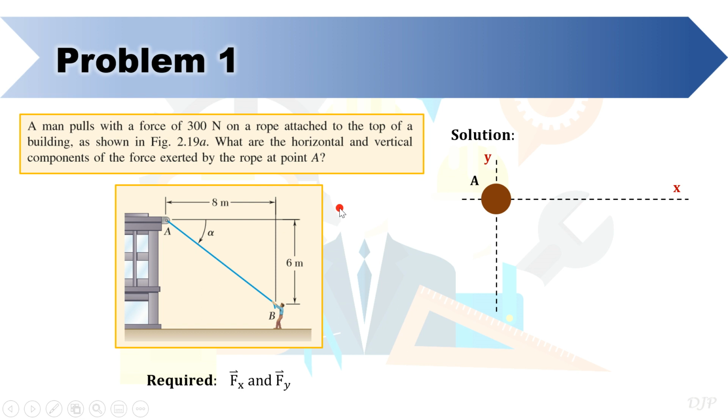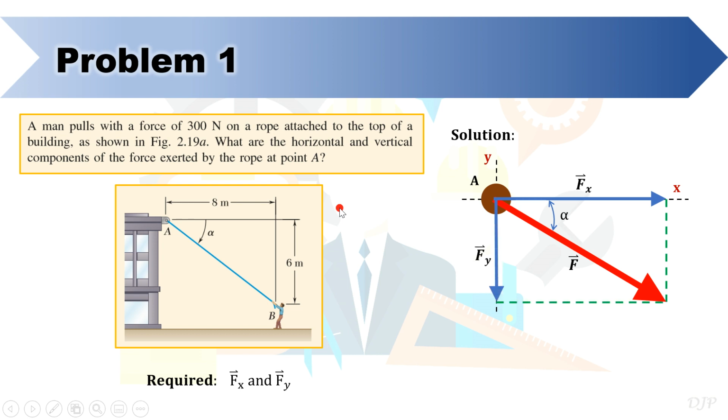Then we draw the position of the given force, represented by force F, and denote the unknown angle as alpha. Next, we draw the position of the rectangular components, making sure that a rectangular shape is formed with the given force as the diagonal.